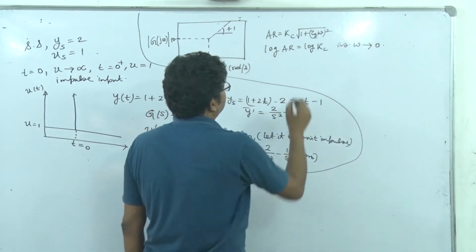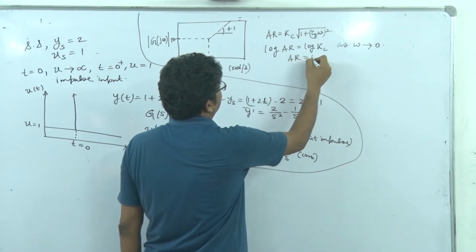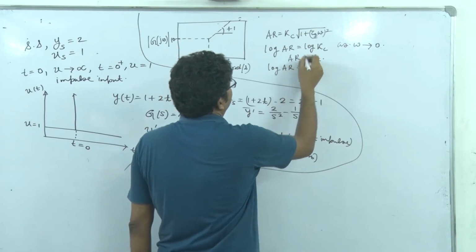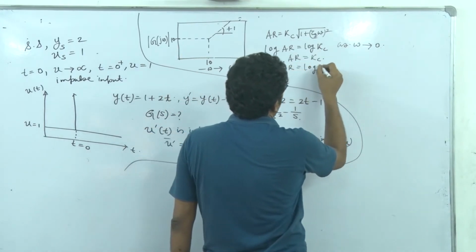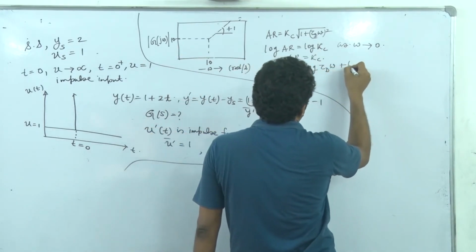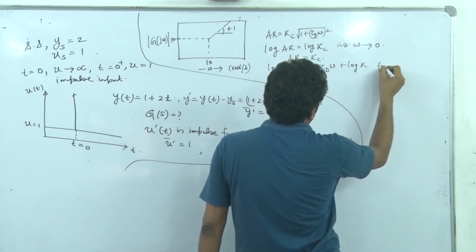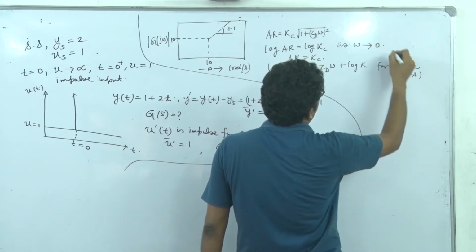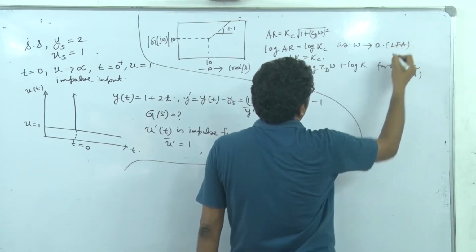So low frequency asymptotic version AR is equal to Kc. And log of AR at high frequency, where 1 will be negligible, is log of tau d omega plus log of Kc, for omega tending to infinity. This is high frequency asymptotic version, this is low frequency asymptotic version.